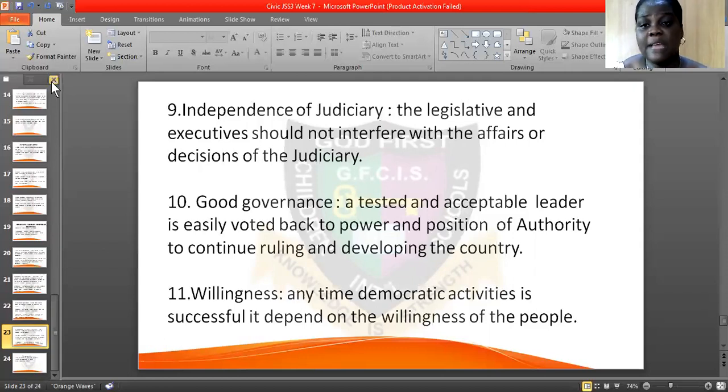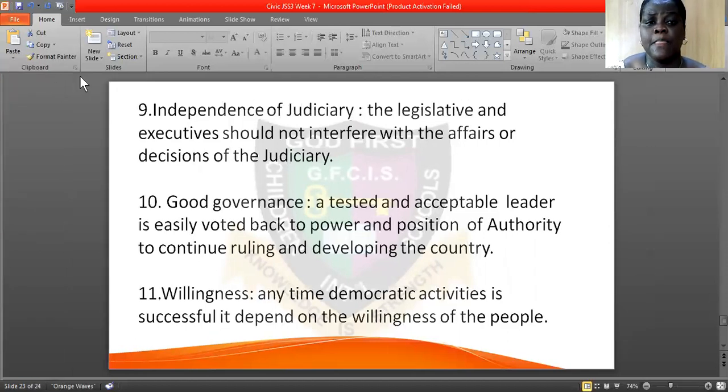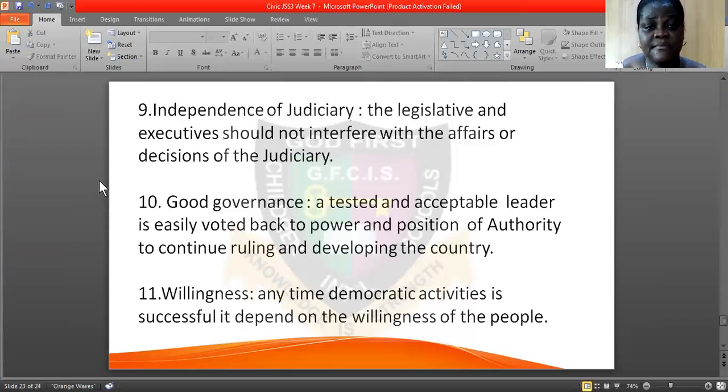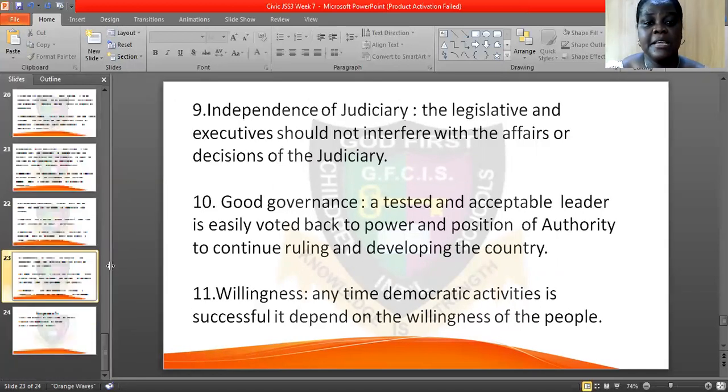We have come to the end of today's lesson, but before we go, let's have a recap of what we did initially. We treated democracy, and we said democracy can be the government of the people, by the people, and for the people.